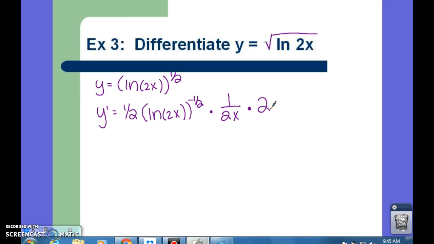Yeah, it's 1. They cancel each other. So then now we get 1 over 2x, because this is in the denominator, but this negative exponent's also going to drop to the denominator. So you get 1 over 2x square root natural log of 2x.